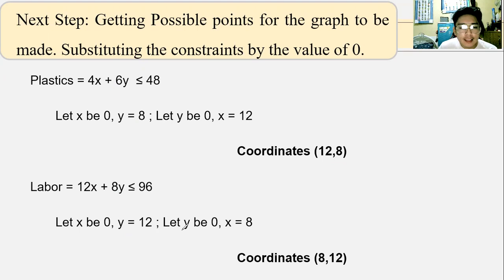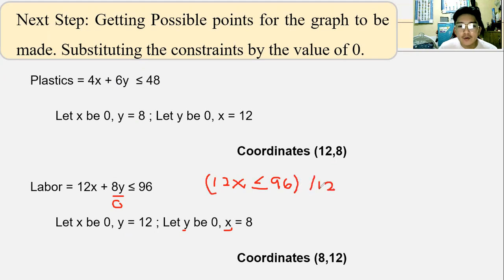Then this time we're going to make y 0. So 8 times 0 is 0. So the remaining equation that we have is 12x is less than or equal to 96. To get the value of x, we're just going to divide it by 12.